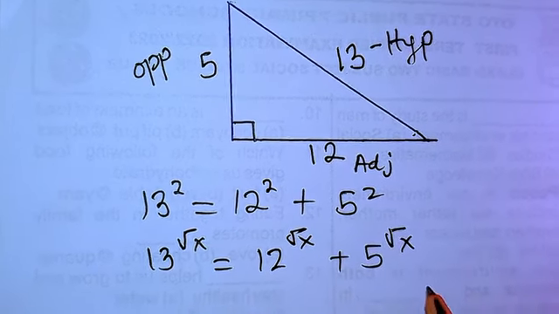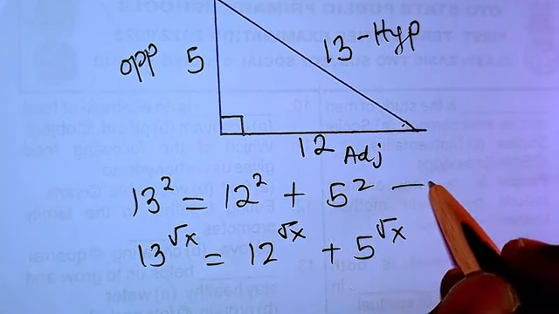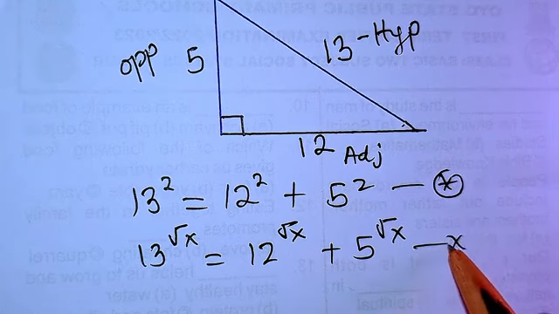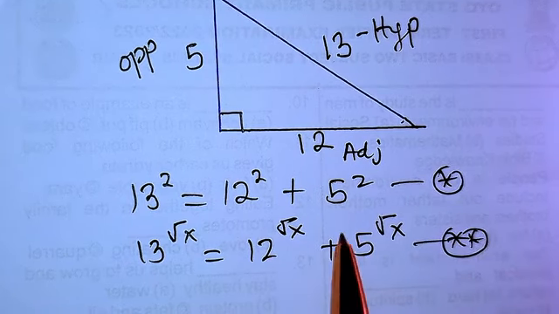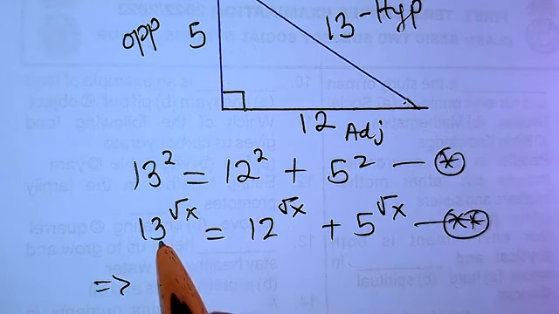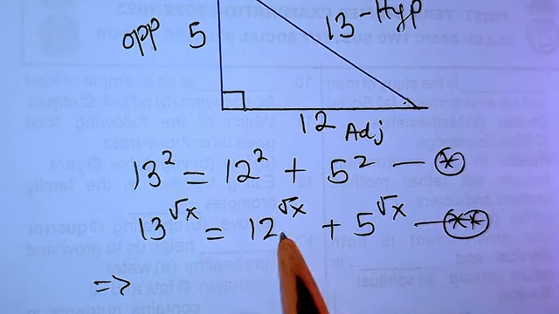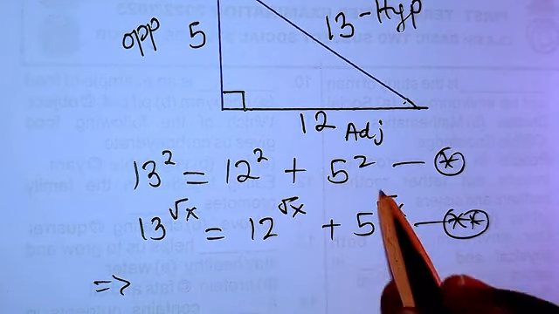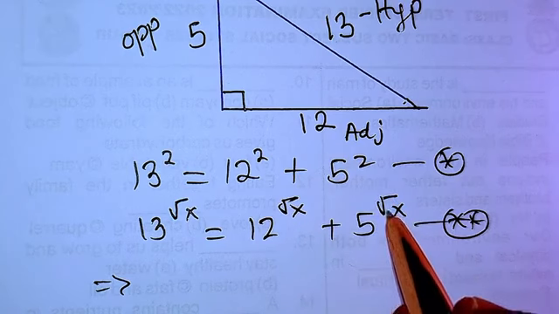Let's call this star. If you look at these two equations, you can see that we can compare them. For the fact that we have 13 here, it means root x equals 2. The power here is 2, we have root x.